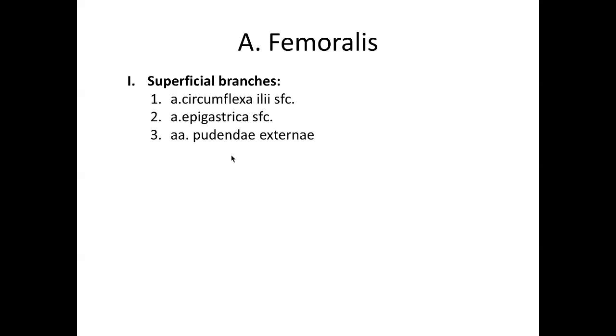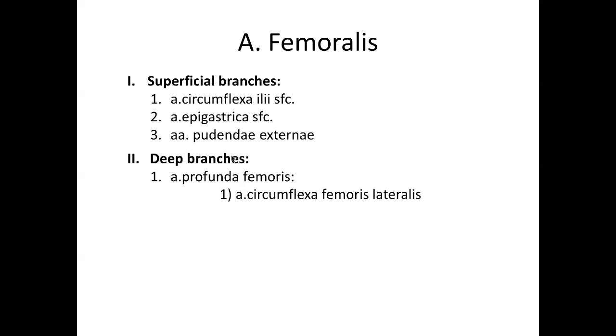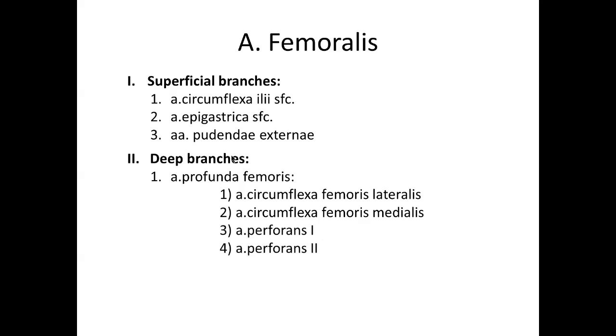Or arteria pudenda divides into two daughter branches. And also we can find deep branches. First of all, arteria profunda femoris, which also branches into arteria circumflexa femoris lateralis, arteria circumflexa femoris medialis, and three perforating arteries, arteria perforans prima, secunda, and tertia.